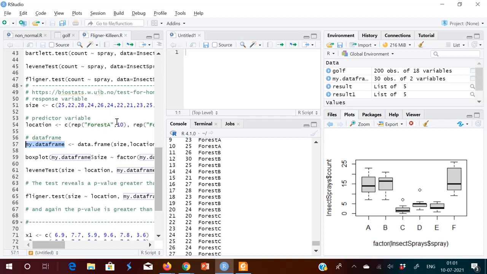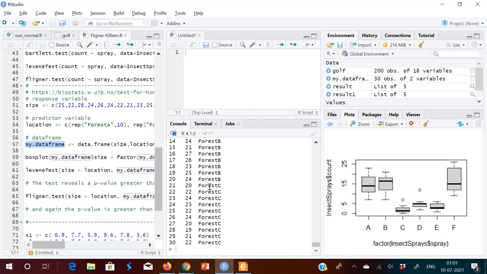I made repeats of 10, 10, 10: forest A 10, forest B 10, forest C 10, that's why 30. Now I'm going to plot the box plot of size versus location, after making the factor.